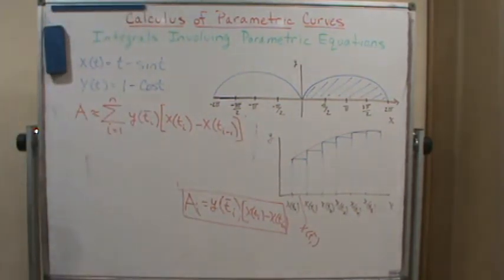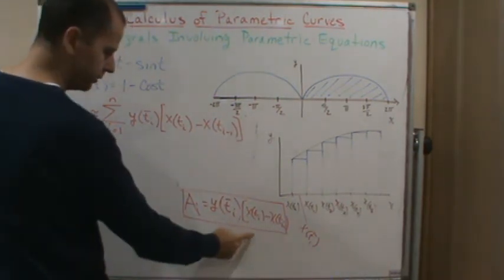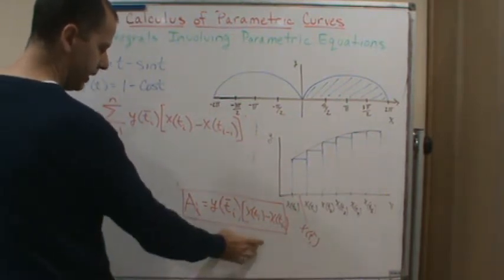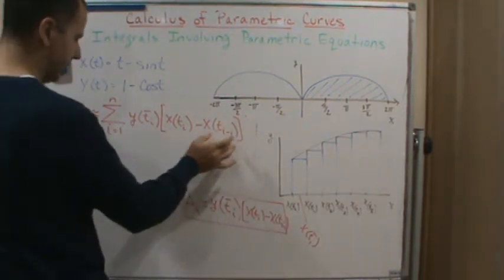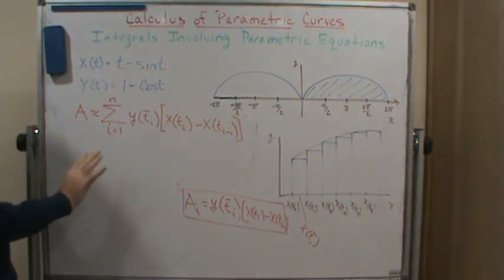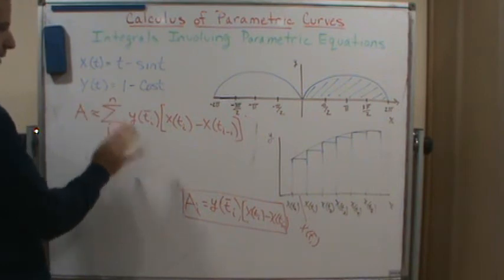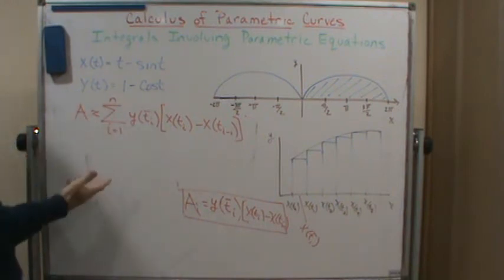There we go. So now taking one of the rectangles, base times height, I'm summing up all of the rectangles to get the approximate area under the curve. So this will give me the approximate area under the curve from t equals a to t equals b.